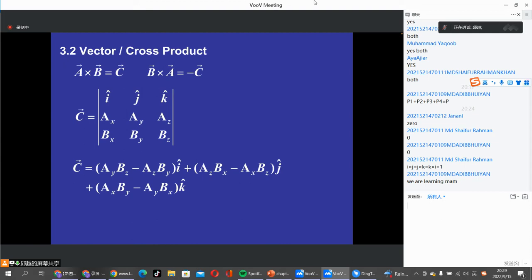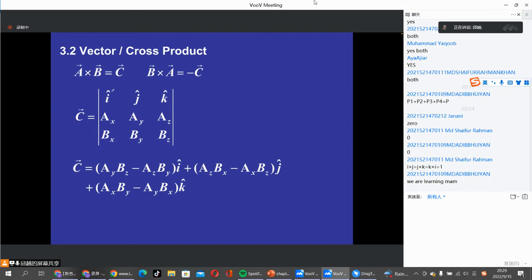In each component, you have two components. Okay, let's see how to calculate this.